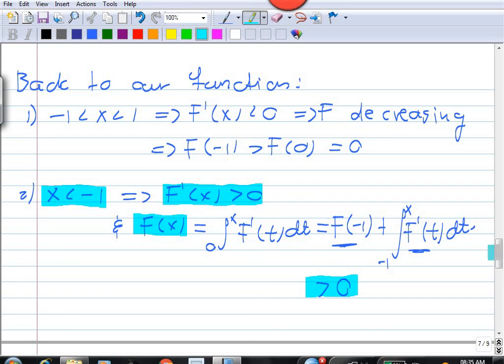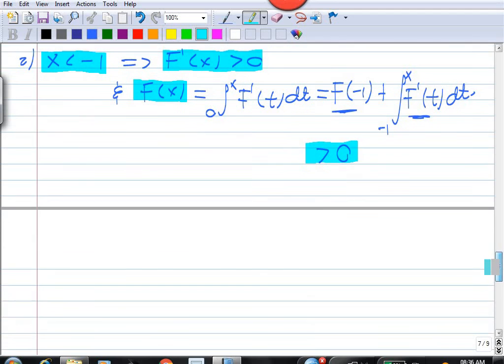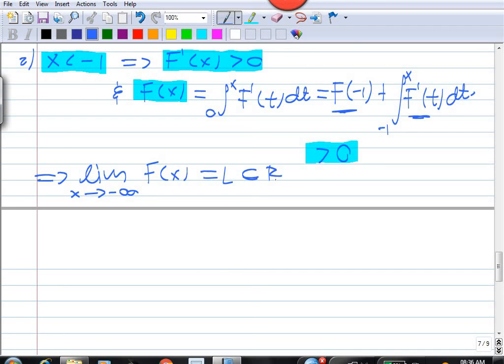What does this tell us? Well, from this we can conclude that the limit as x goes to minus infinity of f is some real number L. And this L has to be bigger or equal to 0.